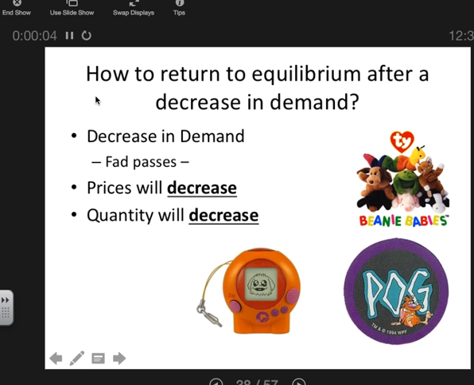A good piece of their fame was McDonald's offering them as a Happy Meal gift. As soon as the new Beanie Baby came out for McDonald's for that week or that month, you would see lines everywhere at McDonald's, just people buying them up like crazy. They actually put a limit on how many Happy Meals you could buy through the drive-thru for this reason, because they would take the toy out and just throw the food and everything else out. They didn't want anything else.